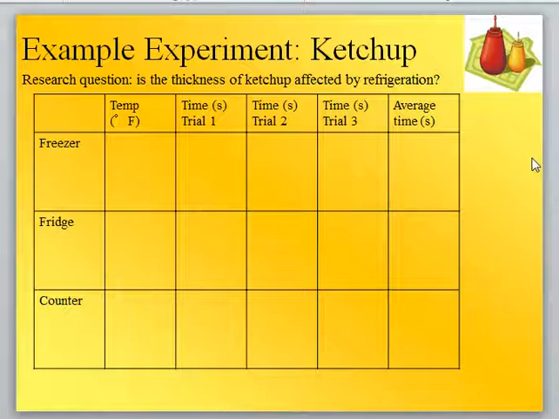Those are our independent variable. And then you have the temperature at each of those locations. And then you have the time it takes for the ketchup in each temperature to drip off the spoon. Notice here that they're doing 3 trials for each temperature and taking the average.